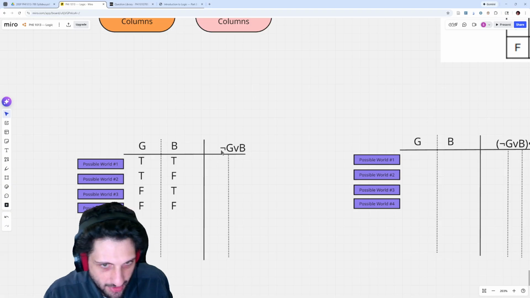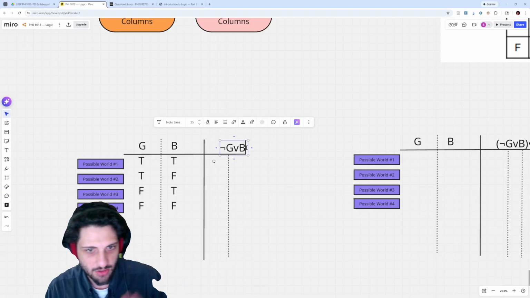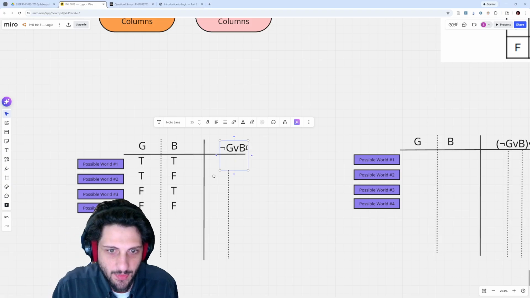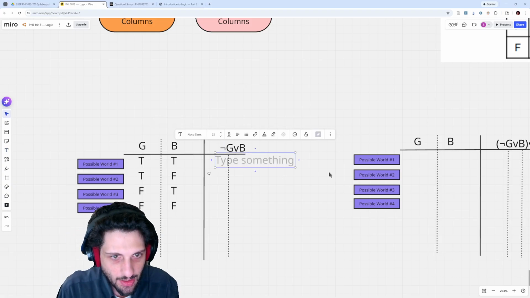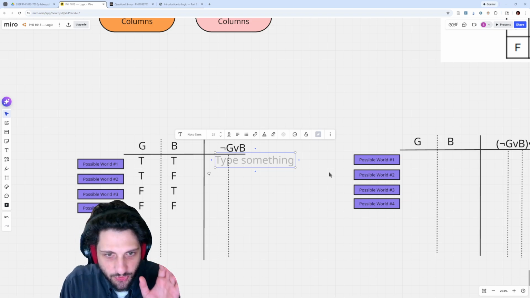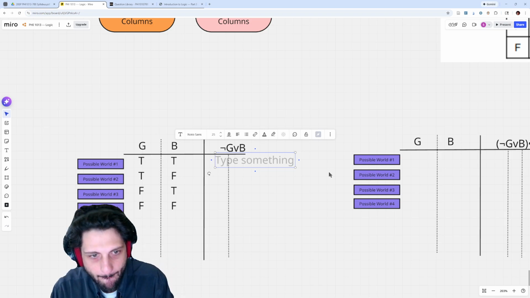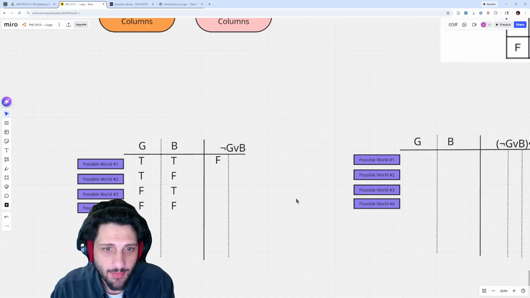Okay, so let's start in our first world here, where both G and B are true. In the first world, G is true. So what do you think not G is? Well, it would have to be false, right?